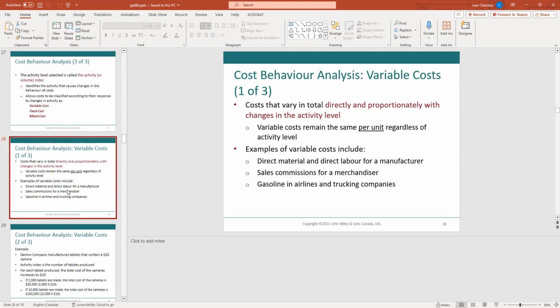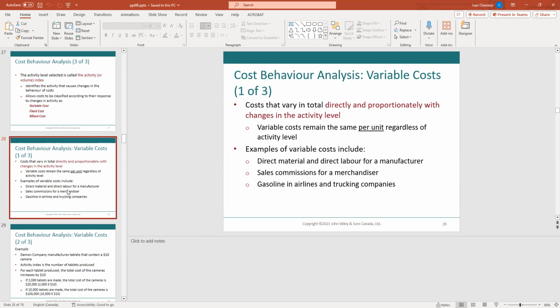Variable cost is directly proportionate to the changes in the level of activity. What that means is, the more we use the activity, the cost increases as a total. Now, per unit, the cost stays the same. A perfect example of variable cost is the cost of gas. The price per liter stays the same. When you go to the gas pump and check the price, regardless of how many liters you fill up, the price stays the same.